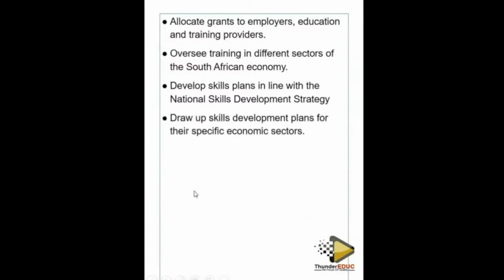So now moving on, SETA also draws up skills development plans for their specific economic sectors. Remember, economic sectors are, as I said, primary, secondary, as well as tertiary. So now here, the SETA has its target sector. The target sector is the sector that they want to improve.